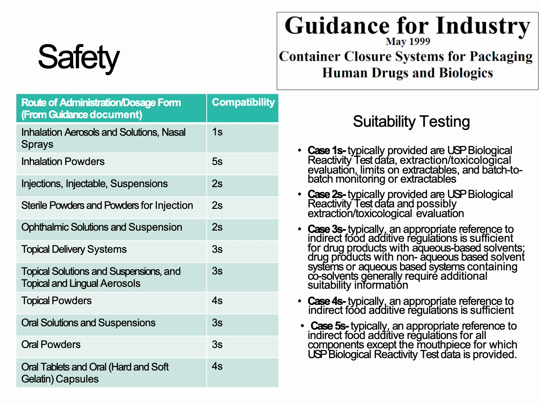And of course, we have case 2S, case 3S, 4S, 5S. Again, each of those suitability testing will be different, again, depending on the route of administration or the dosage form of your product. And again, you will need to refer to this guidance for industry.